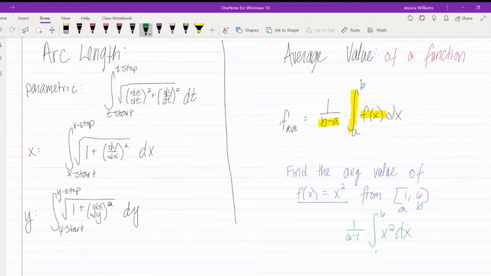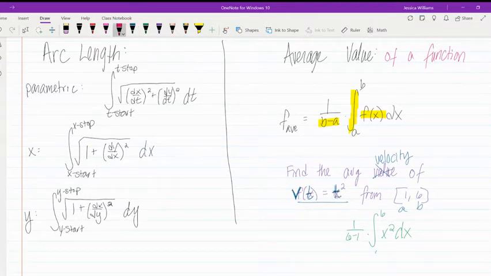So the way they make these sound different than they are is they make f of x stand for something. So they could say find the average velocity of, and then instead of calling this f of x, they would call it v of t or something terrible, so scary. And the setup would be identical.